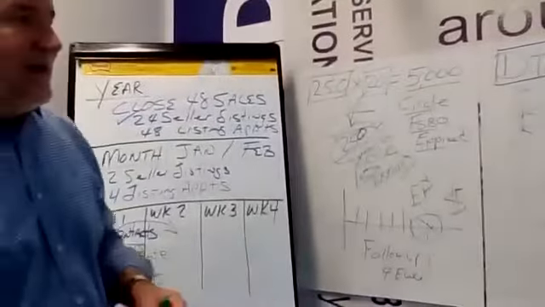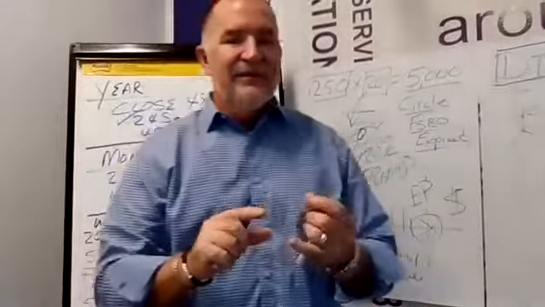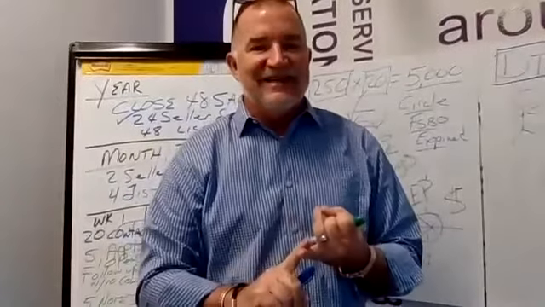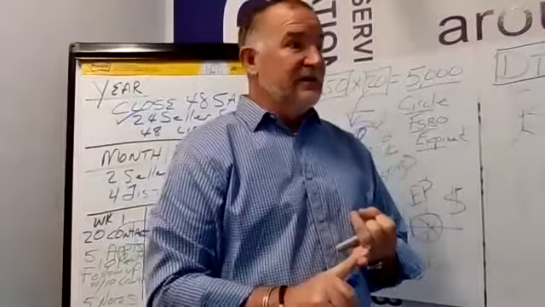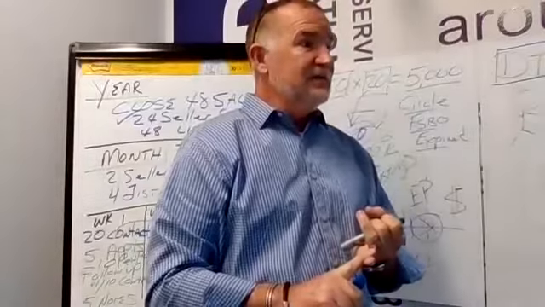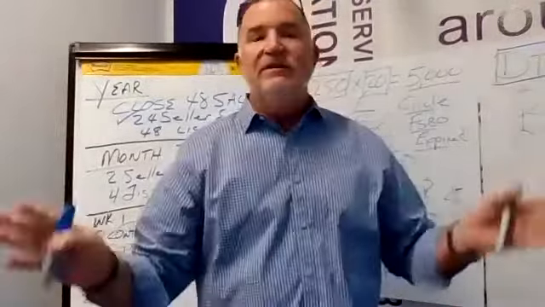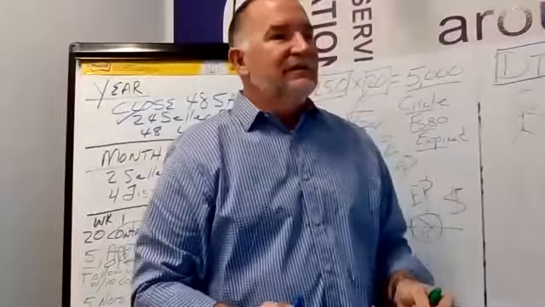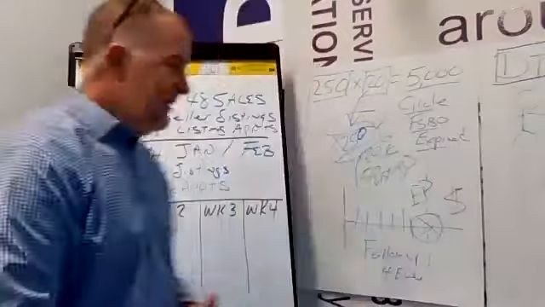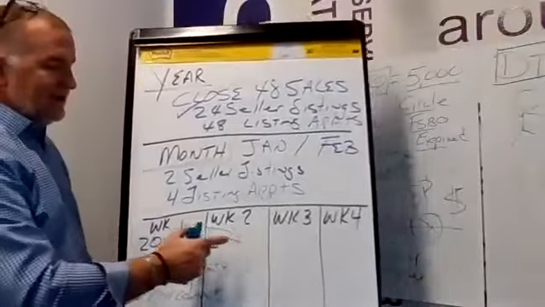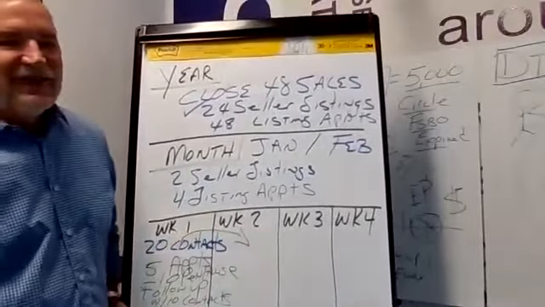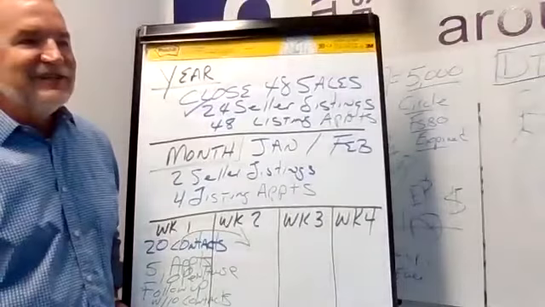So now going back to my 411, if I am running a repeat and referral based business, in other words, I don't want to call FSBOs and expireds and circle prospecting. That ain't me. I'm going to build my real estate business another way. Cool. Focus on your database. Now the activities in your week are 20 conversations a day or 100 conversations a week.